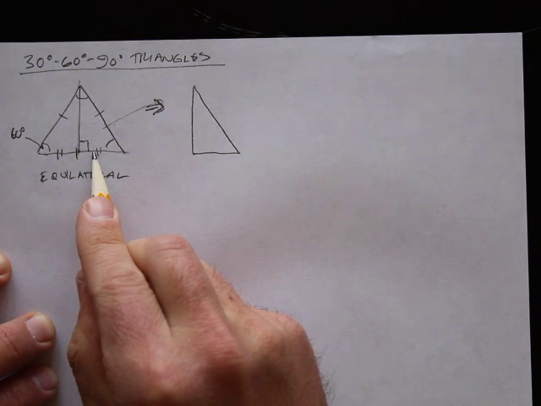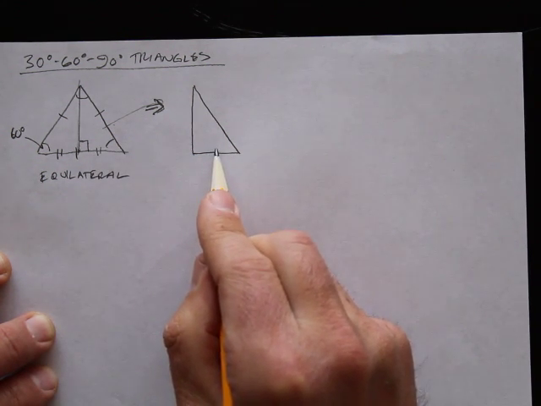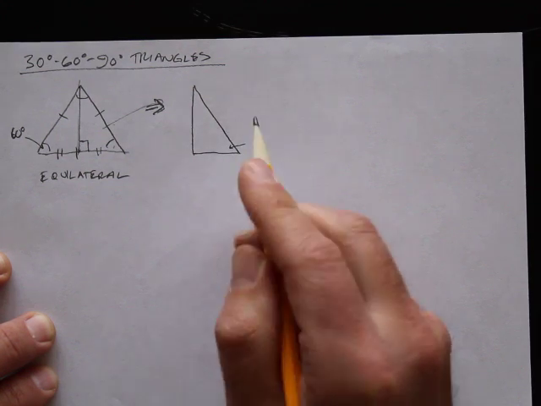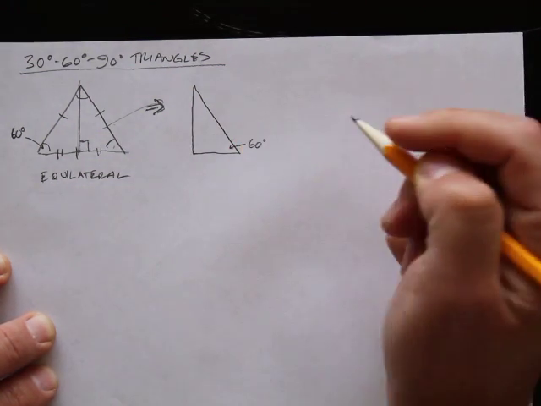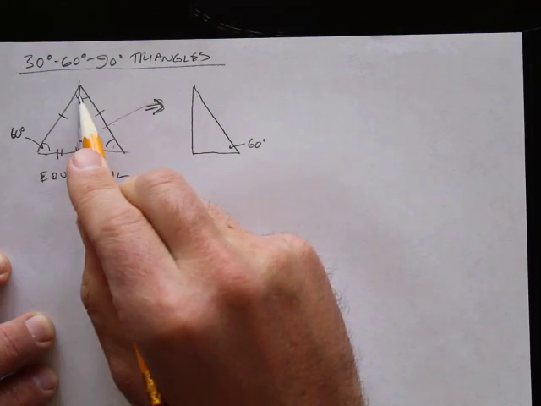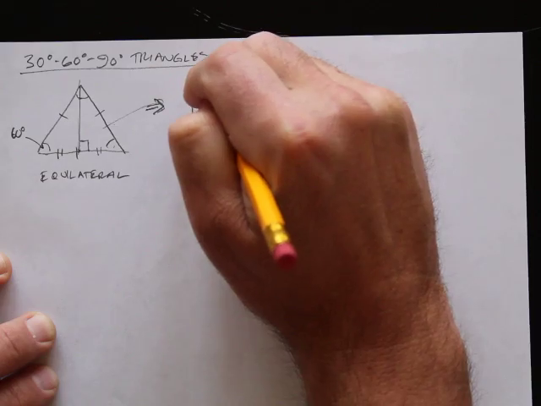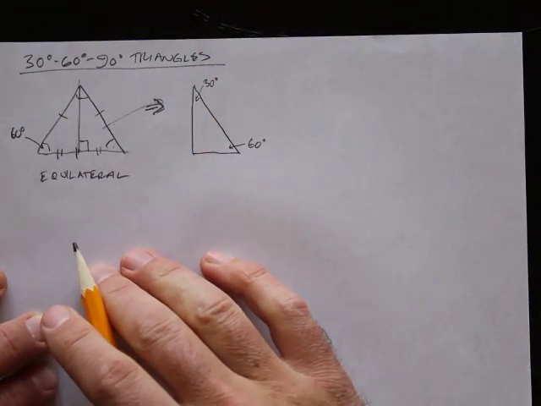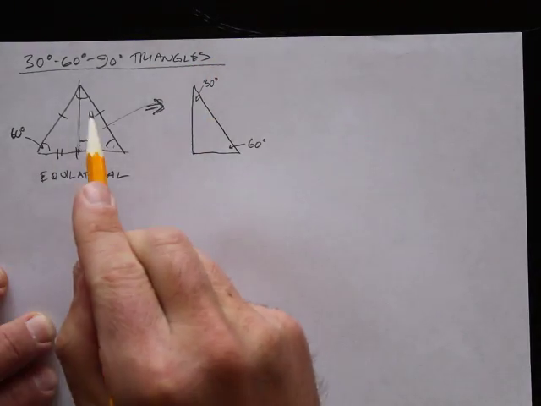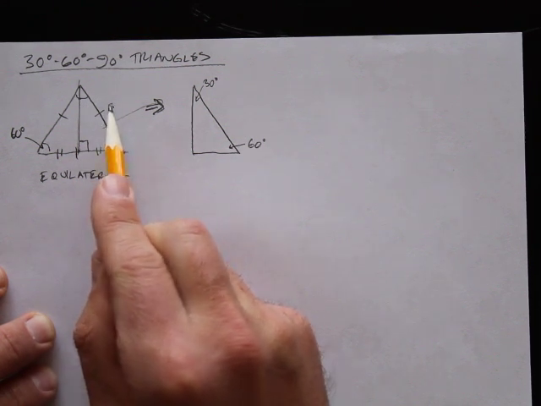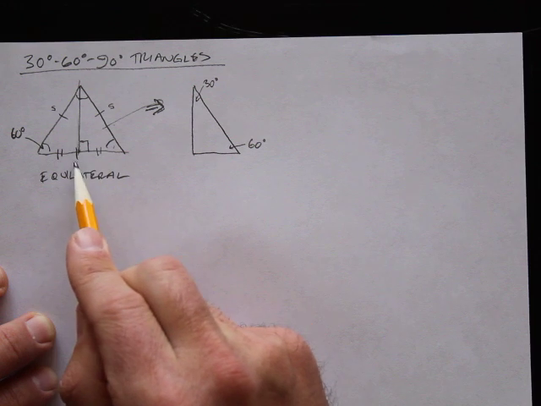So remember, this angle down here on the right is 60 degrees. This angle up here got cut in half, and so this one is 30 degrees. Now, if this side, I'm going to call it S. These are all the same length, right?